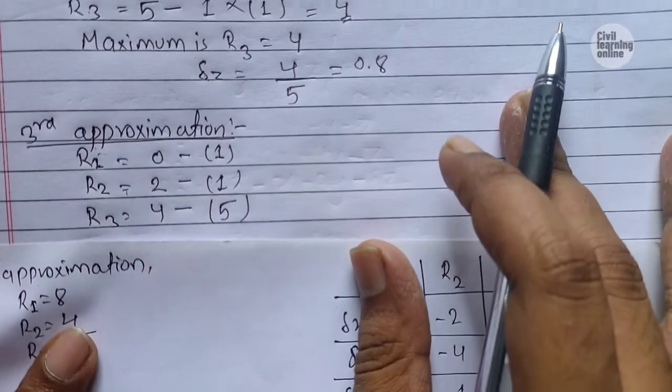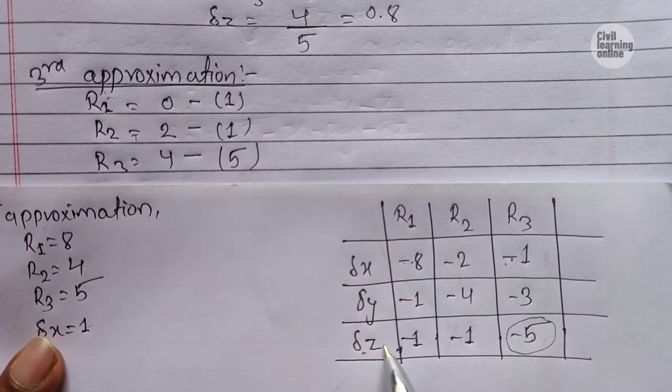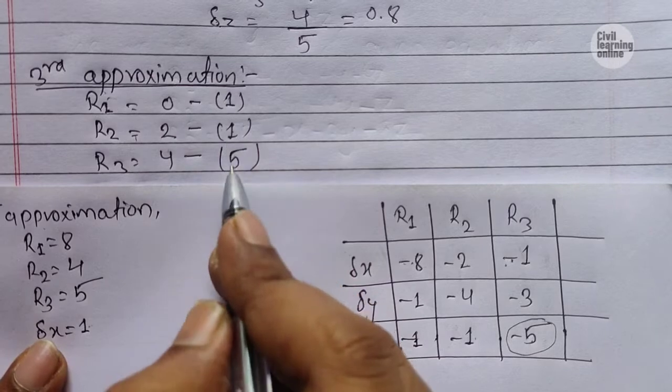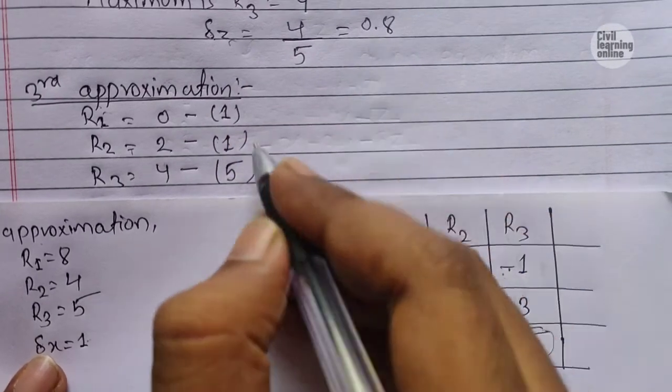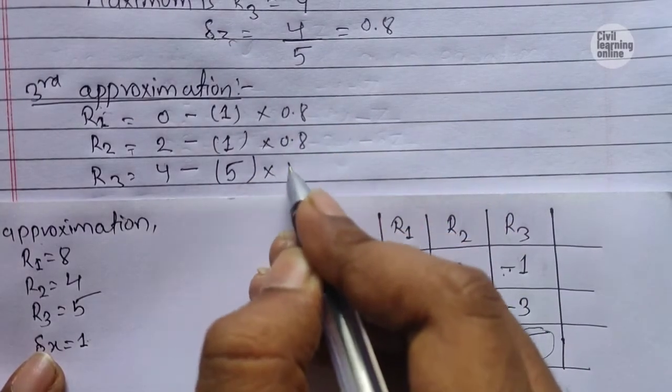Now after that, we have to subtract del z. The coefficients of del z are 1, 1 and 5, and we have got the value of del z in second approximation as 0.8, so multiply this by 0.8, 0.8 and again 0.8.